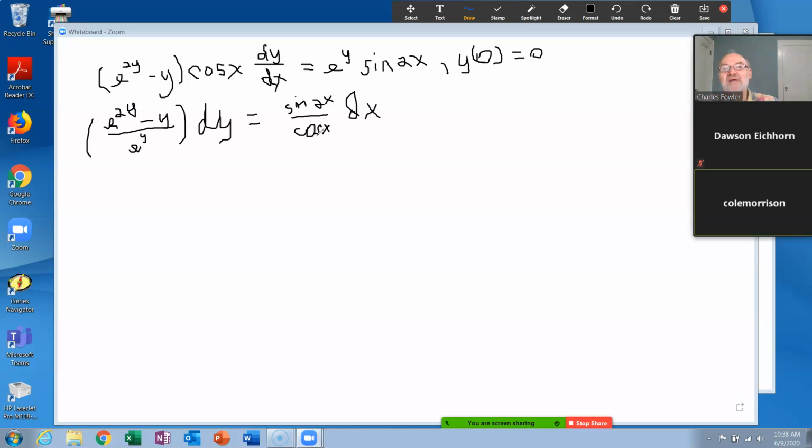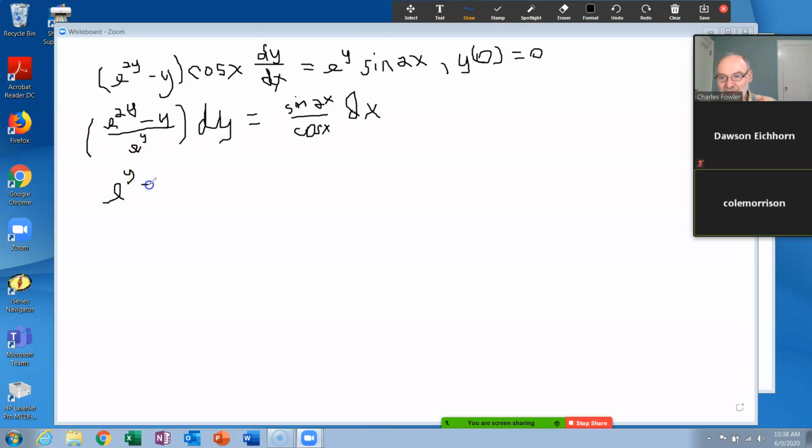Now, let's first simplify things as much as we can. Let's break this into a ratio here minus a ratio here. Y'all okay with that? e to the 2y over e to the y is just simply going to be e to the y. You buy that? Because this is e to the y plus y, over e to the y, you only have e to the y left.